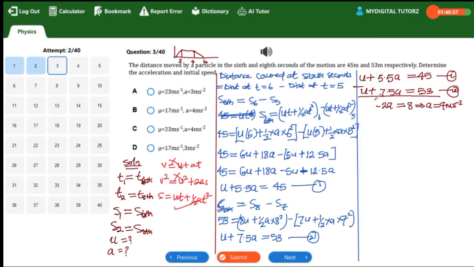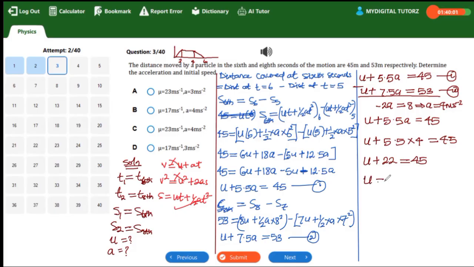So when you now bring any of these equations, that is U plus 5.5A equal to 45, anywhere you see A, you just substitute the value. So we have U plus 5.5 all multiplied by 4 is equal to 45. Is that clear? So that you have U plus, 5.5 times 4 gives us 22, equal to 45.